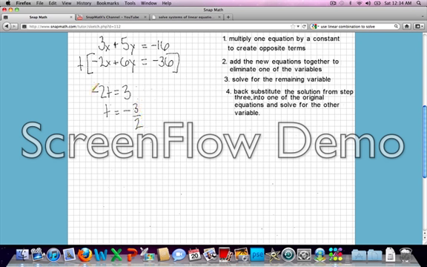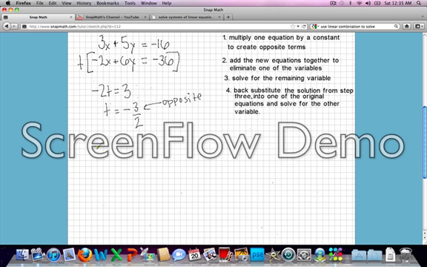If you do it this way, the important thing to remember is you don't actually want to multiply by negative 3 halves. You want to multiply by the opposite of negative 3 halves. So we're going to use the same value, but the opposite sign.